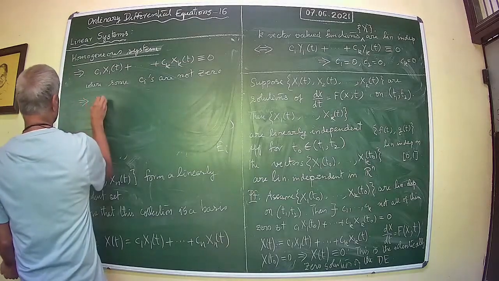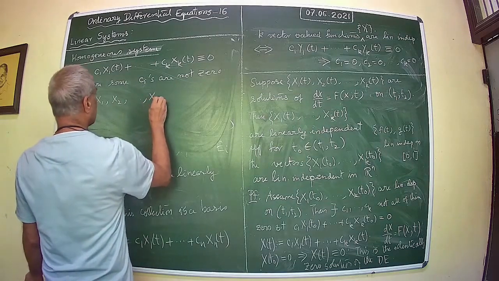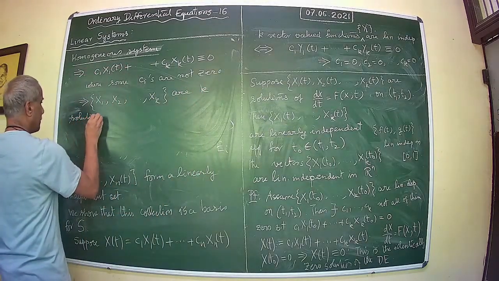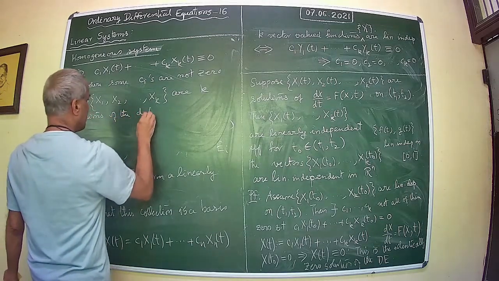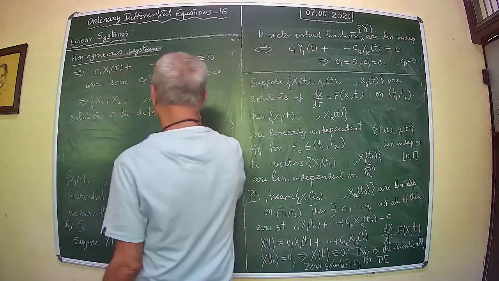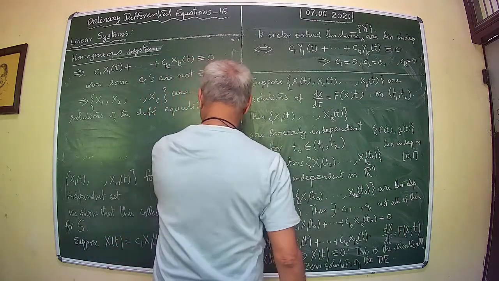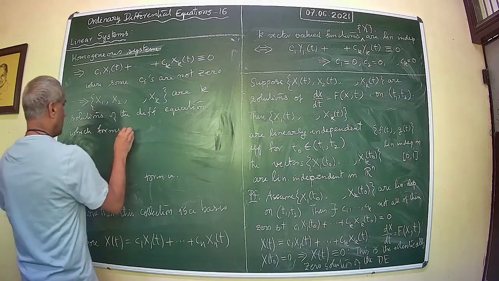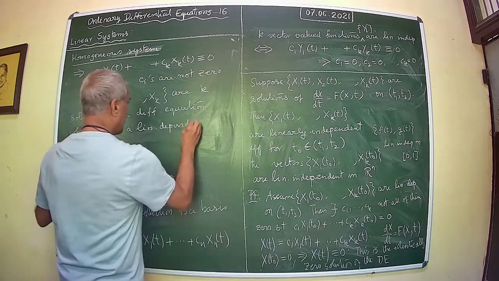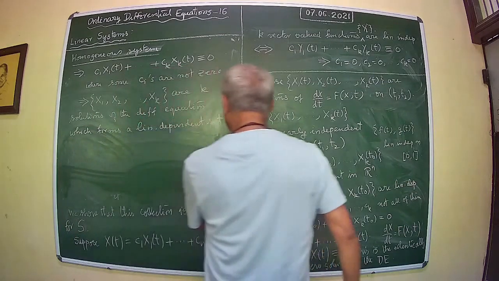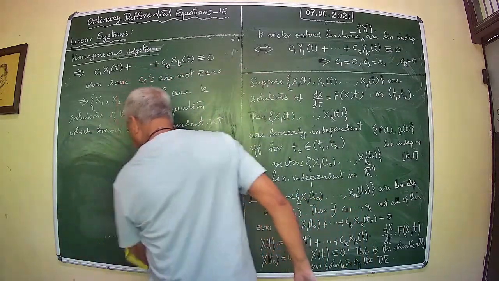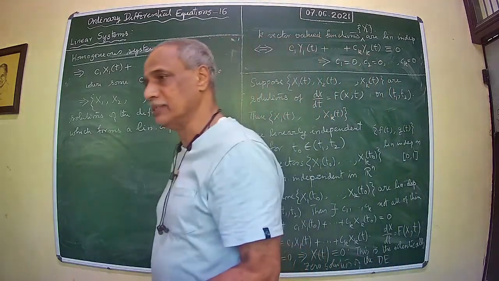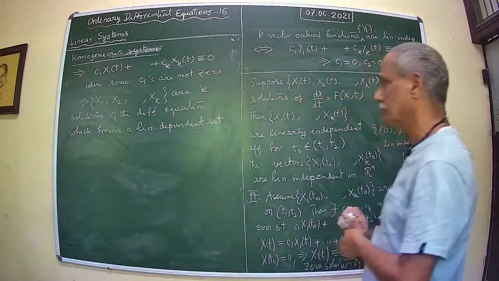This implies that x1, ..., xk are k solutions of the differential equation that are linearly dependent. So if initially at some point x1(t0), x2(t0), etc., xn(t0) is linearly dependent, then the corresponding solutions x1(t), x2(t), etc., xn(t) are also linearly dependent.